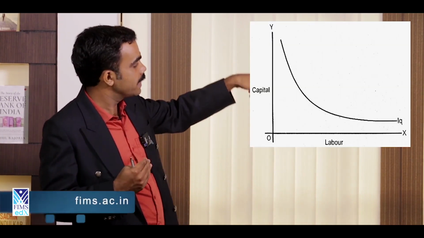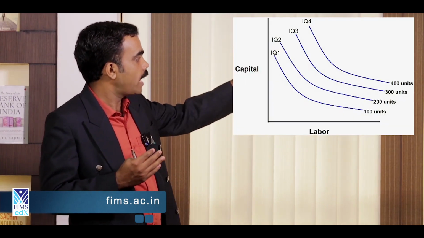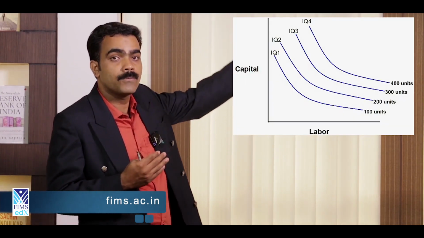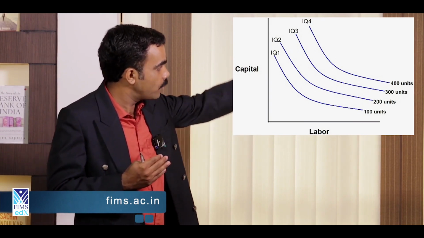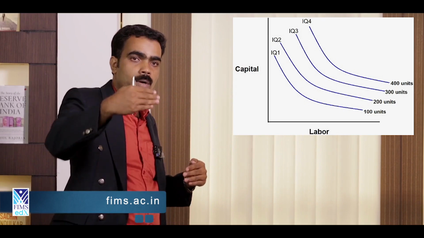So isoquants have some features. The first thing is that it is downward sloping from left to right. The second thing is that a higher isoquant represents a high level of output. If I represent one more isoquant above this one, the highest one represents the highest level of productivity.